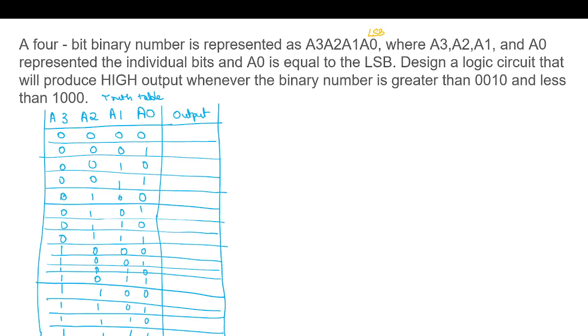Can you tell me what the truth table will be when the output is 1? It is given that output is 1 when greater than 0010, not greater than or equal to. So it is greater than 0010 and less than 1000. So from here till this, and when it is 8, it is back to 0. Now to simplify this, we need a K-map.